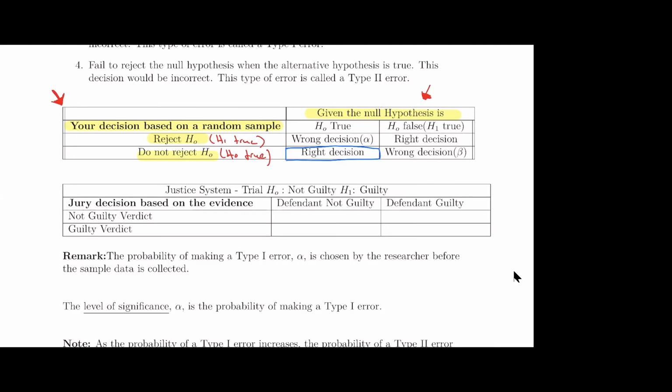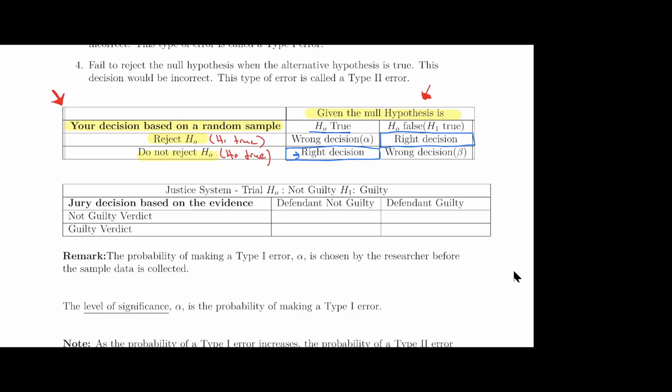And if you look at the column, it's saying the null hypothesis is true. So if we didn't reject the null hypothesis and the null hypothesis is true, we came up with the right decision. It was right for me to say we do not reject the null hypothesis because the null hypothesis actually turned out to be true.